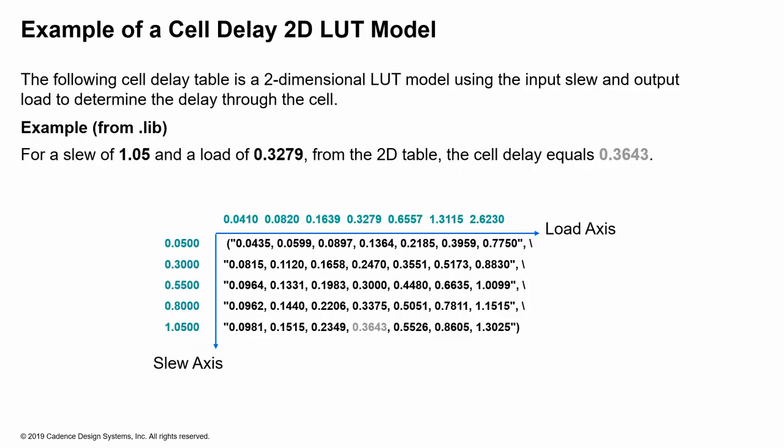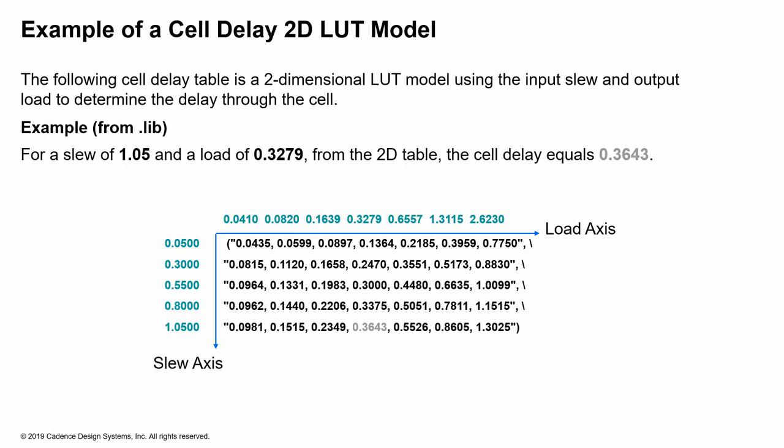Here we show an example of a 2D lookup table model, and if you look at the .lib or the library itself, the slew is actually plotted on the y-axis here, and the load is plotted on the x-axis.